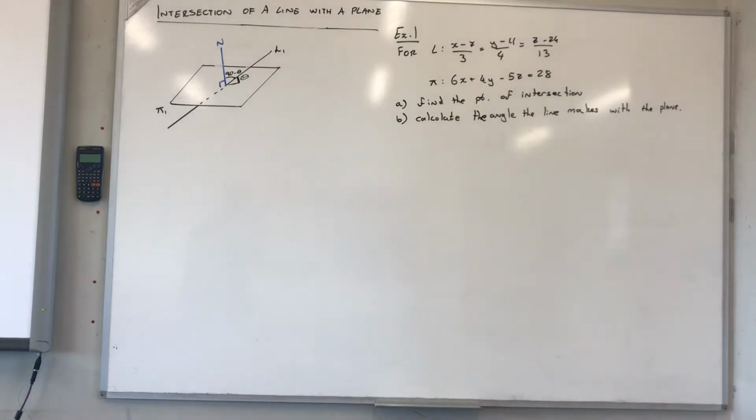So what we could then do is adapt our formula for calculating the angle between two vectors so that it applies here, where we find that angle and then take it away from 90.